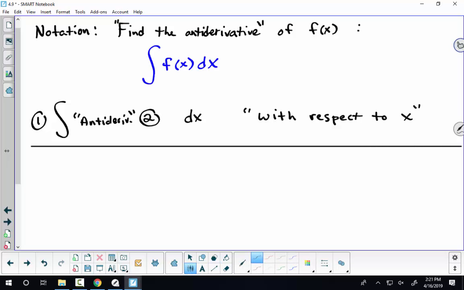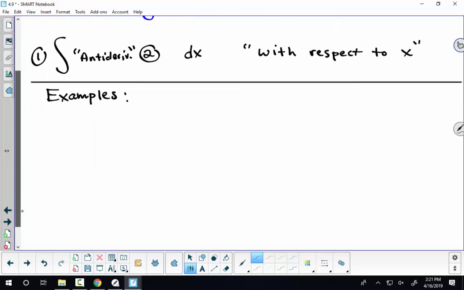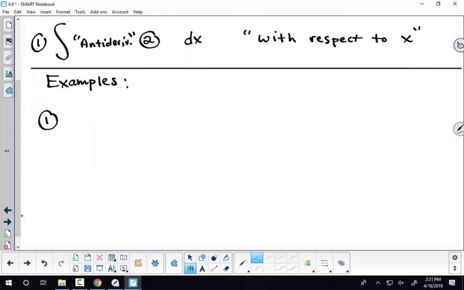Let's look at more examples. We have the antiderivative of 4x cubed with respect to x. It's the same question still: what function do I take the derivative of in order to get 4x cubed?